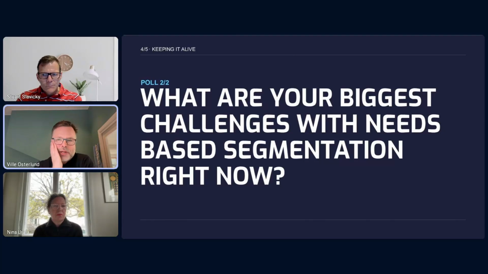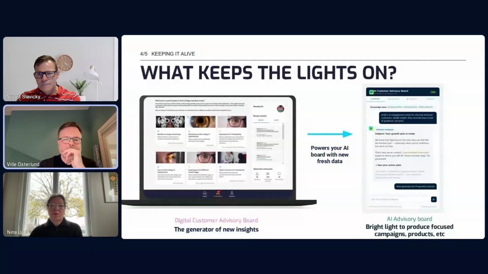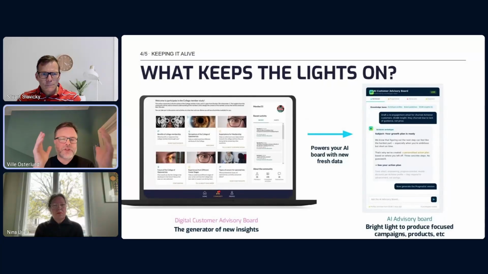Let's look a little bit at the future, how it might look when you start combining the real customer lab or advisory board with the AI layer. So this is what we're working on next. On the left, you can see our existing platform, the Digital Customer Advisory Board, Customer Lab. So real customers, real dialogue.